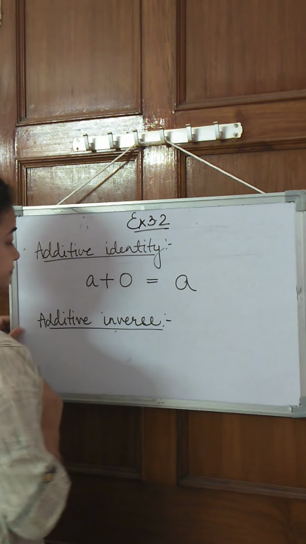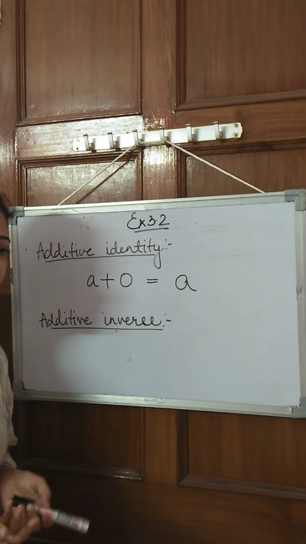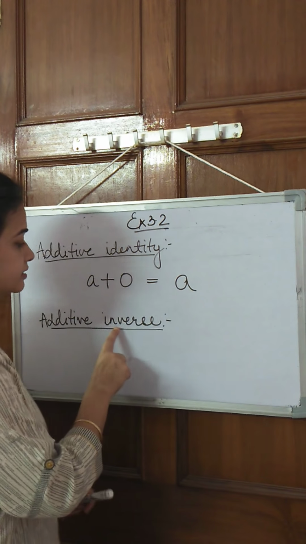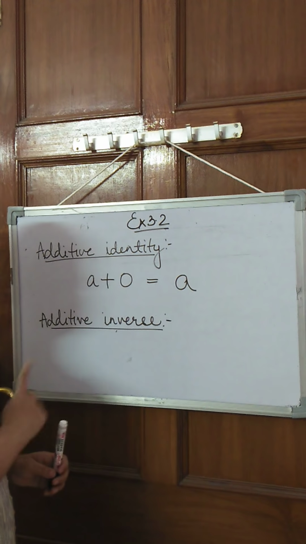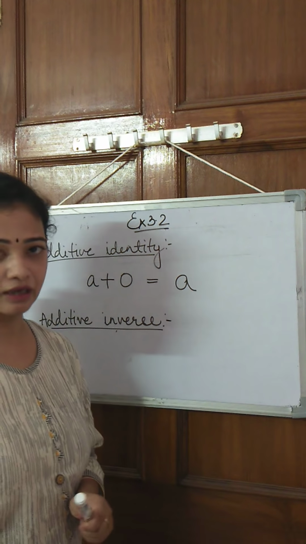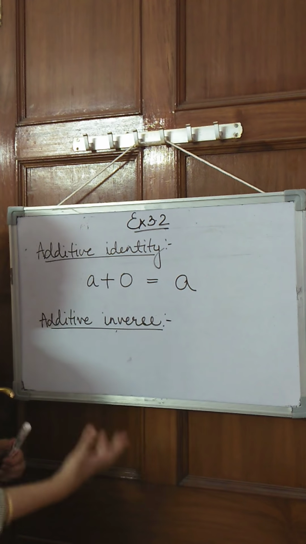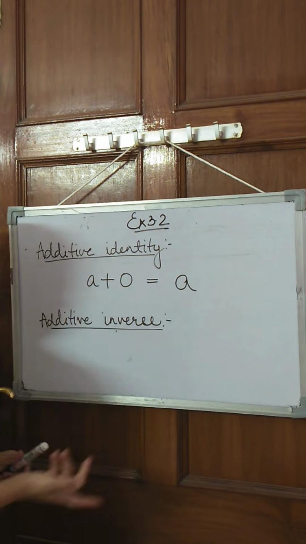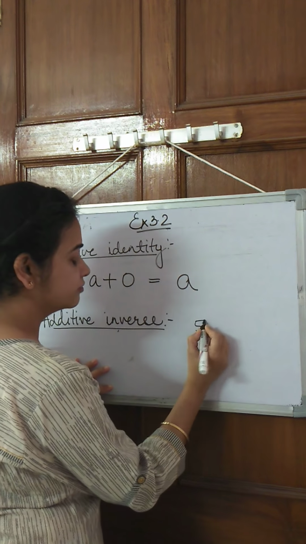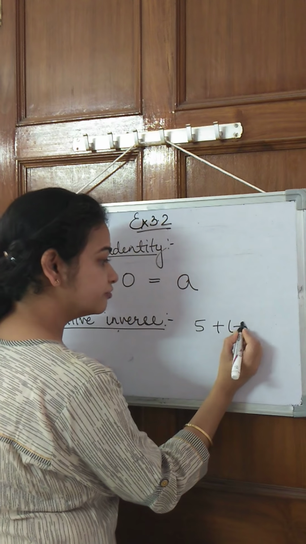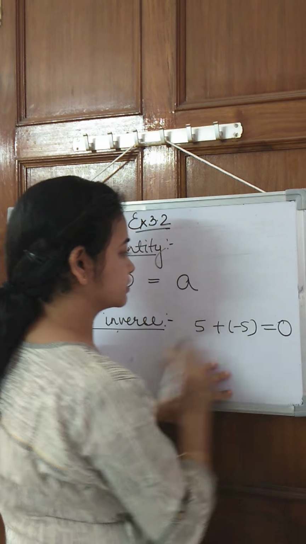Yes? Now what is additive inverse? As the word says, inverse means opposite. So additive inverse is the opposite of the number. And what result do we get when we add inverse numbers? Suppose I have the number 5 and I am adding minus 5 to it. Opposite numbers, my answer will always be 0.